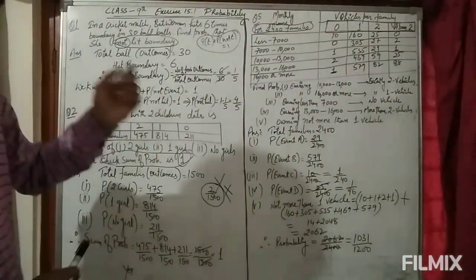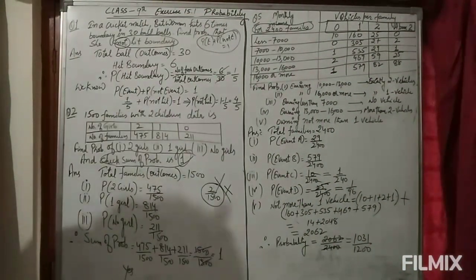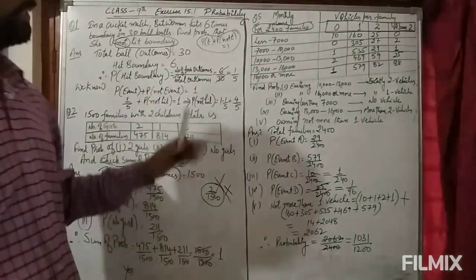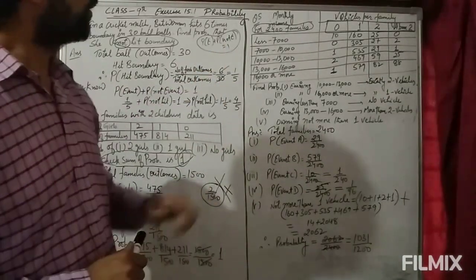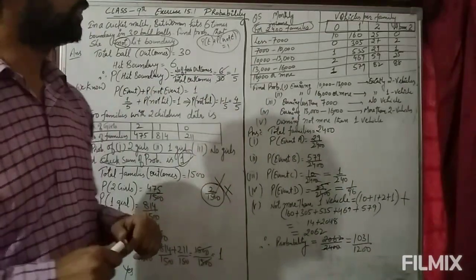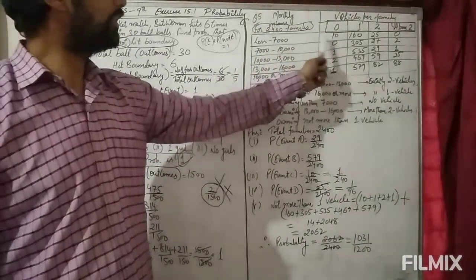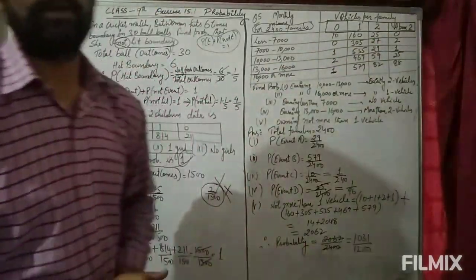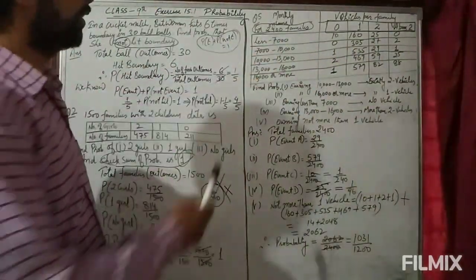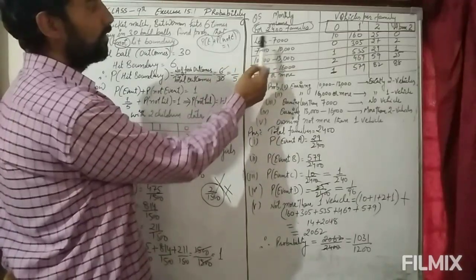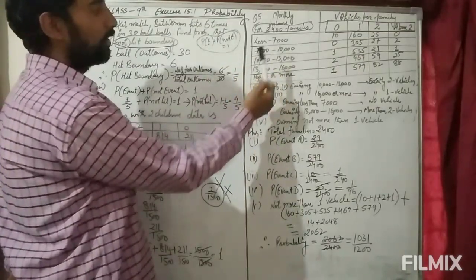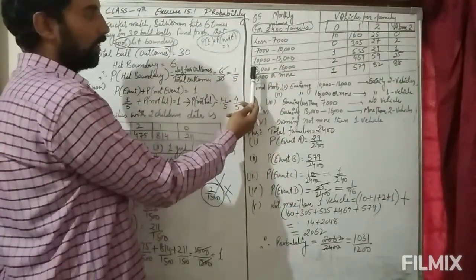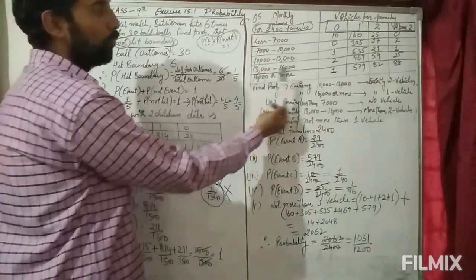Now come to question number 5, an important one. Here there is a survey of 2400 families. This table is between the monthly income and the number of vehicles per family. I write down the monthly income: less than 7,000, 7,000 to 10,000, 10,000 to 13,000, 13,000 to 16,000, and 16,000 and more.